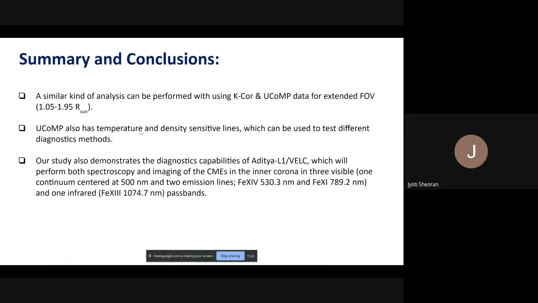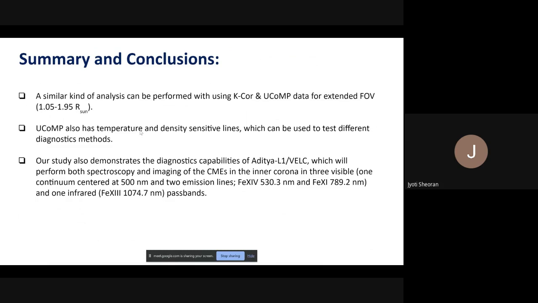Further, a similar kind of analysis can be performed using K-Cor and UCoMP data for an extended field of view. UCoMP also has temperature and density sensitive lines, so we can also obtain temperature and density using their line ratios, and we can test different diagnostic methods. For example, for density we have two diagnostic methods: first is using K-Cor polarized brightness data, and second is using the Iron XIII line ratio.